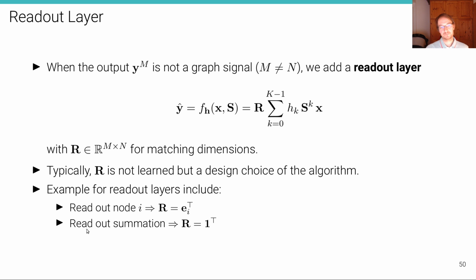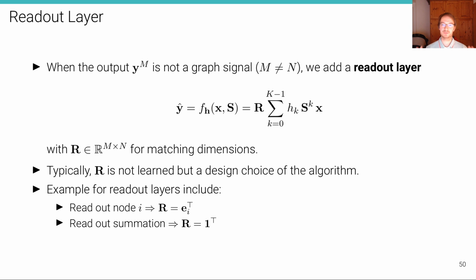If we want to do an average pooling or a sum pooling over all the n elements of the graph signal, then we can just take the transposed 1 vector and multiply it with the output here in order to take the sum over all the elements, etc.